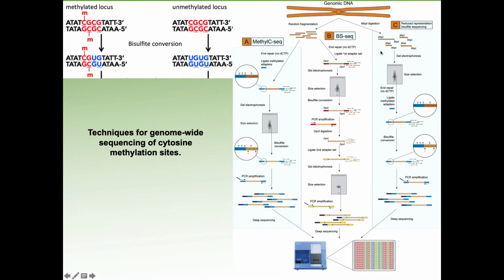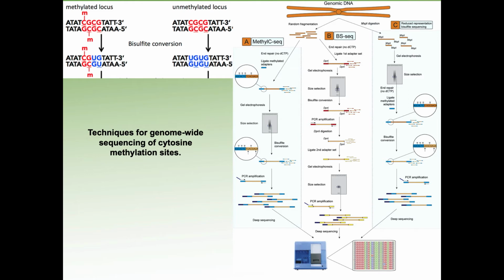Reduced representation sequencing involves digesting your sample with an enzyme such as MspI, which is going to be sensitive to methylation, right? It's not going to cut at places where we have a CG and it's methylated.